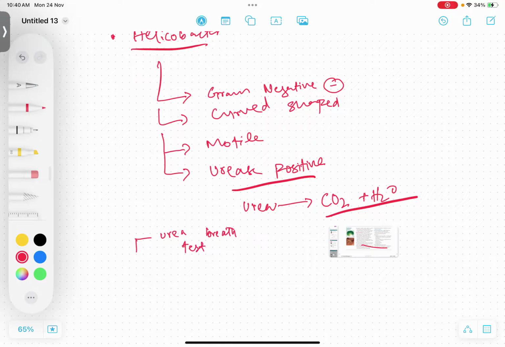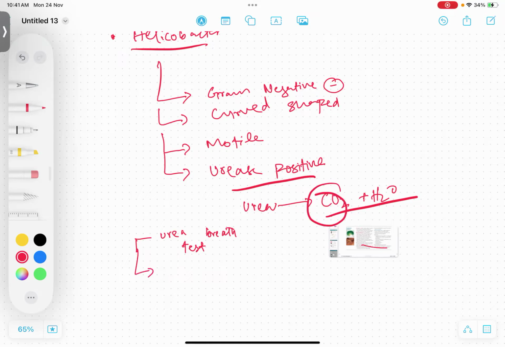In this test, a radiolabeled urea is introduced into the stomach, and then it's checked for any radioactivity. If the individual has Helicobacter pylori, it will convert this urea and we will see the radioactive CO2.